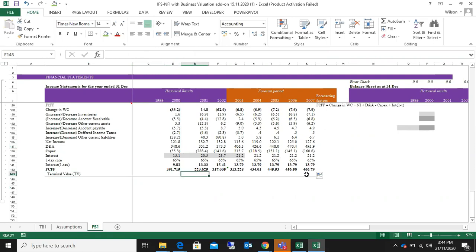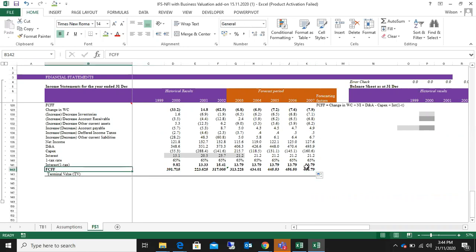Now, the next thing we have to calculate is the terminal value. So what's the formula for terminal value? The formula for terminal value is simply the free cash flow at the terminal date.